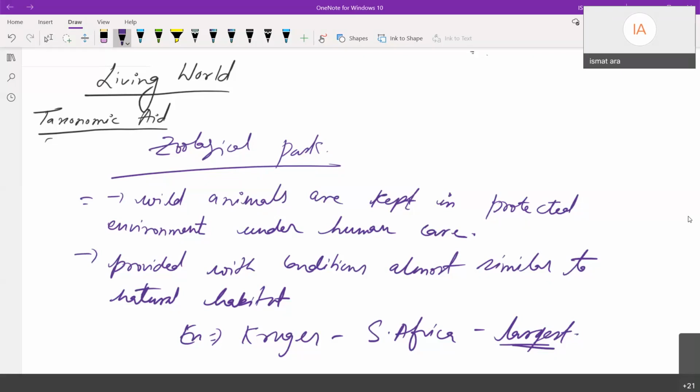So they have made an environment similar to the natural habitat so that they can survive there. These are wild animals kept in a protected environment, and humans look after them. Kruger is the largest zoological park of the world, present in South Africa.